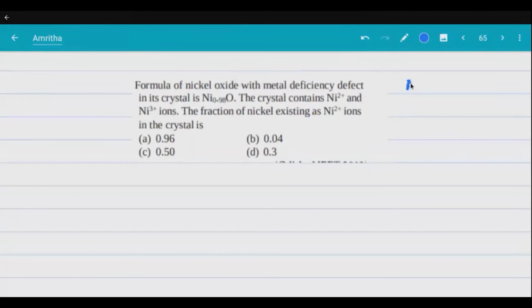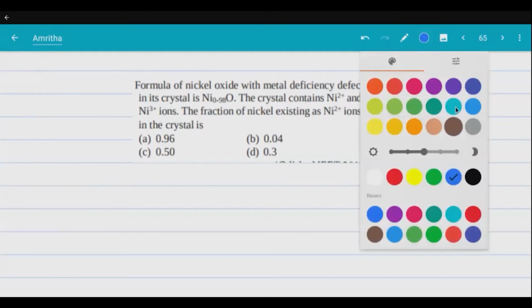But sir, what is the meaning of this? Is it a fraction of an atom? No, no, not like that. See, you will get to know, just multiply both with 100. Nickel 98, oxygen 100, right? If you multiply, what is the meaning here? The meaning is not a fraction of an atom.